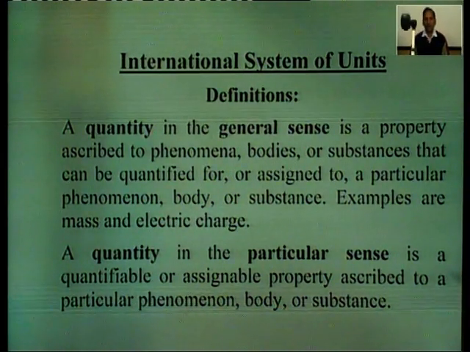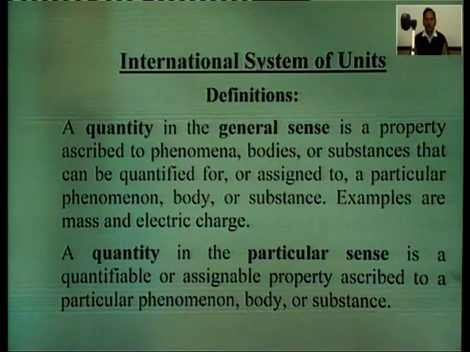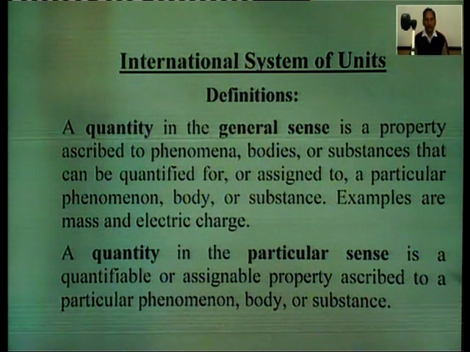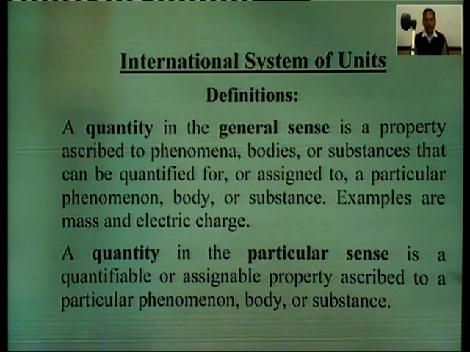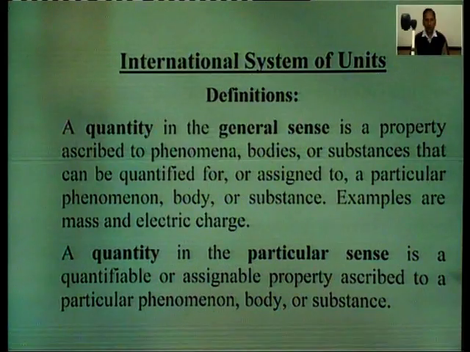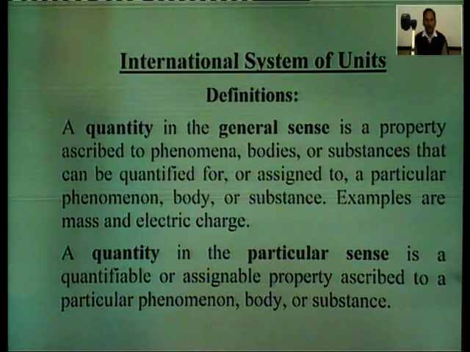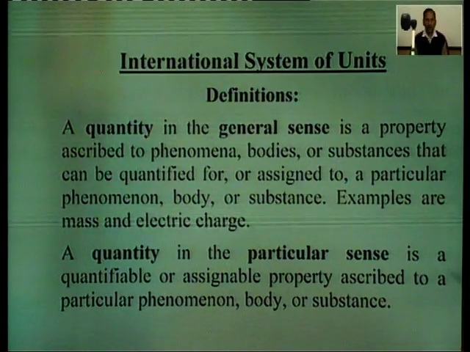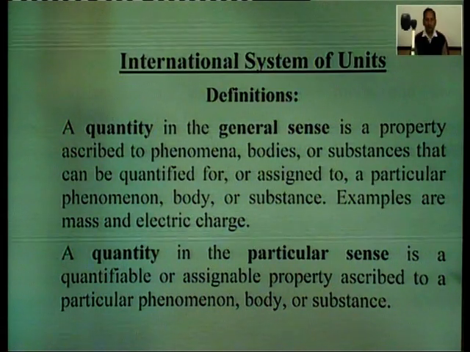The International System of Units. If we define this, a quantity in the general sense is a property ascribed to phenomena, bodies or substances that can be quantified or assigned to a particular phenomenon, body or substance.